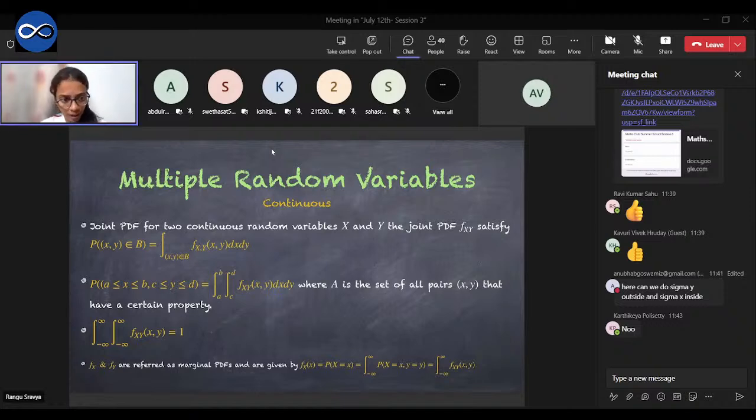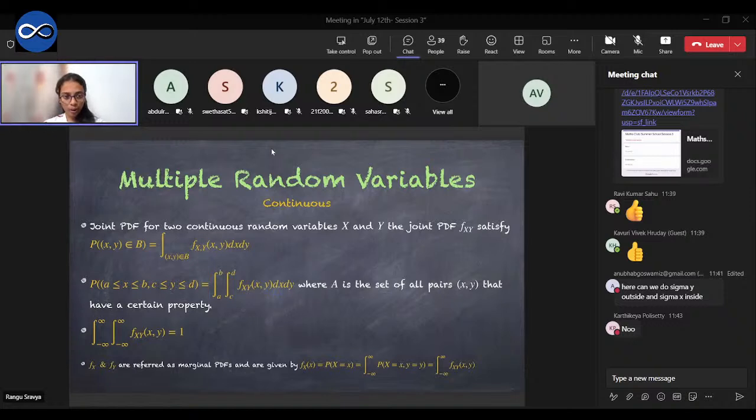In detail, if we want the probability that a ≤ X ≤ b and Y lies between c and d, then to find this probability you need to integrate the integral from a to b, the integral from c to d, of f_XY(x, y) dx dy, where B is the set of all pairs (x, y) that have a certain property.